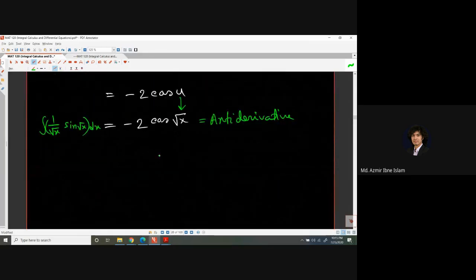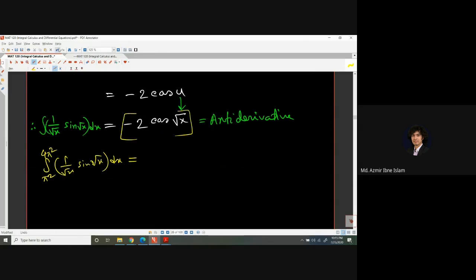At first we found the antiderivative for this indefinite integral. So now let's impose lower limit pi squared, upper limit 4 pi squared for this function 1 by root x sine root x dx, equal to, this is our antiderivative.